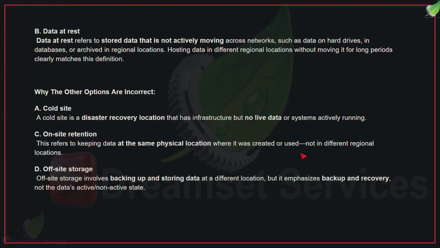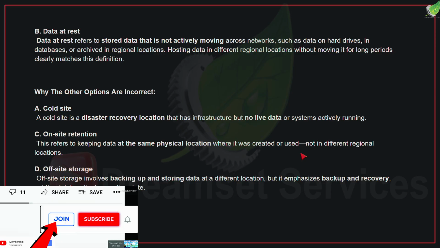D. Off-site storage. Off-site storage involves backing up and storing data at a different location, but it emphasizes backup and recovery, not the data's active or non-active state. Therefore, the correct answer is B.